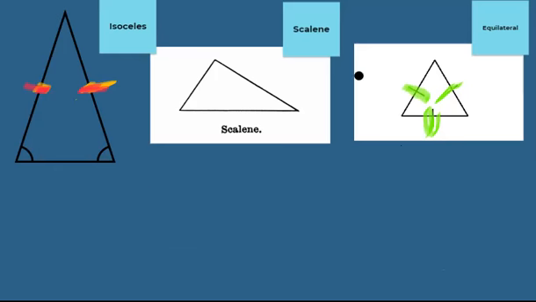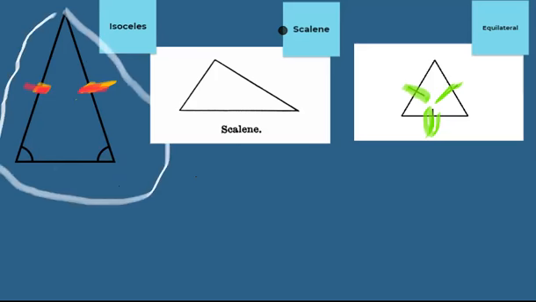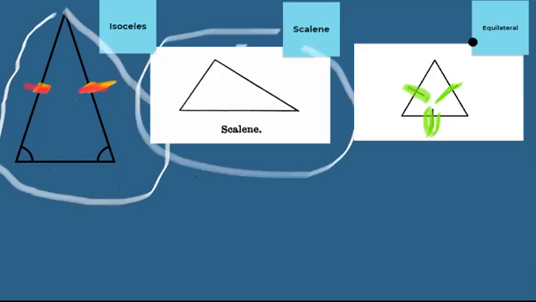Okay, so now that we're done talking about how to identify them, let's go through what we learned today. Basically, what we learned is the types of triangles. There's isosceles, there is scalene, and lastly there's equilateral.